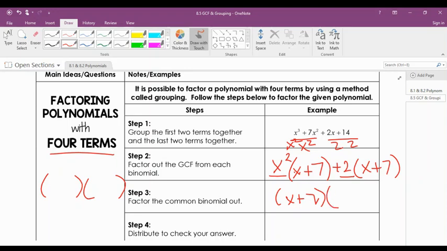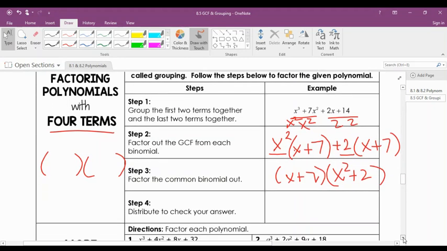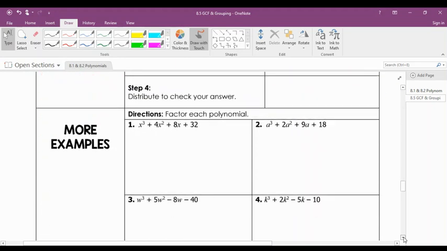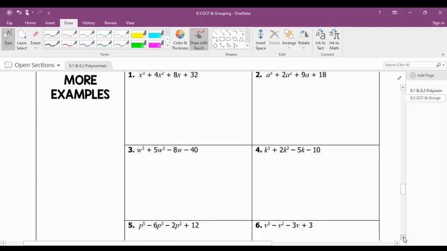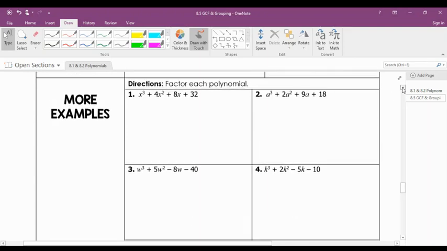So my final answer is going to be 2 sets of parentheses. The one that matches goes in one. What's left over goes in the other one. And that's it. That's all there is to grouping. So it's basically doing what we just did twice and making 2 parentheses around it.